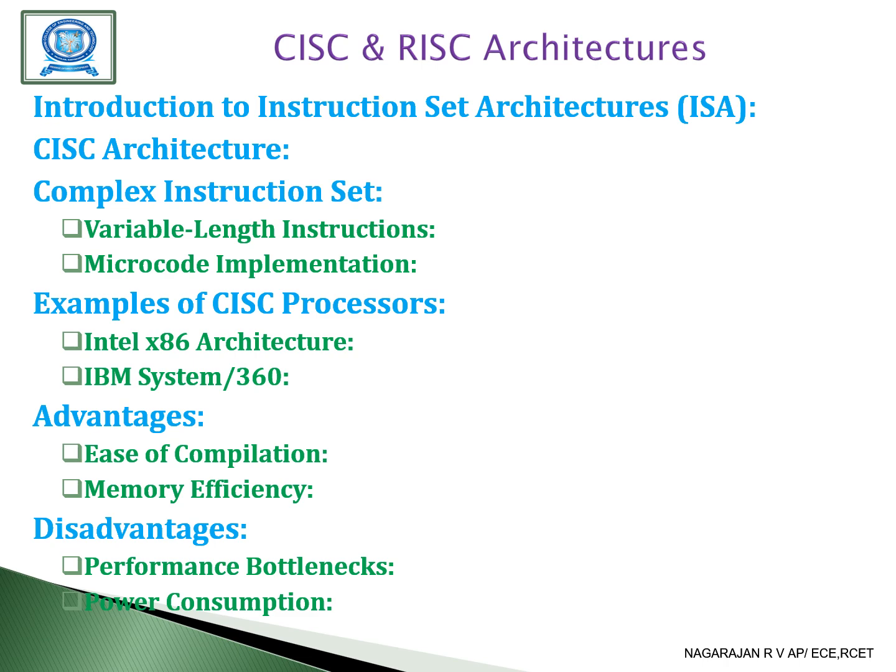So let us see the disadvantages of the CISC architecture. First is performance bottlenecks. The complexity of instructions can lead to longer execution times, especially for those instructions that are rarely used. Next is power consumption. CISC processors tend to consume more power due to the additional circuitry needed to handle complex instructions and the microcode layer.